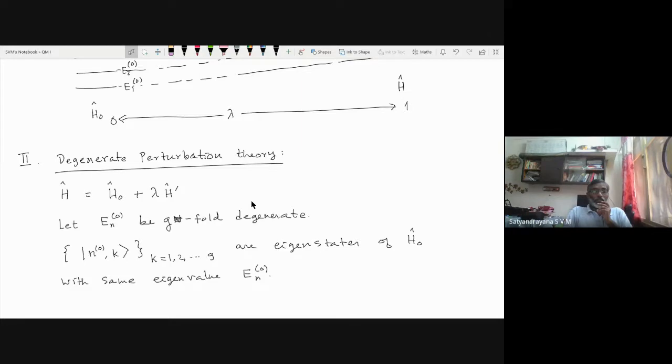That is the meaning of degeneracy, correct? So there are g such states, all of them have the same eigenvalue En0.